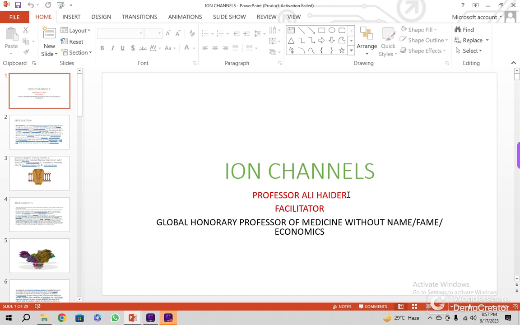Ionic channels. In 2003 or 2004, they described for the first time a channel, by a chemist who obtained the Nobel Prize for it in chemistry. Because medicine needs chemistry to understand.